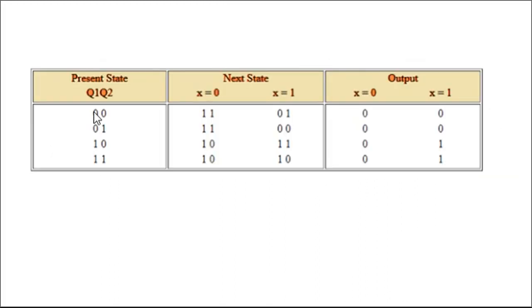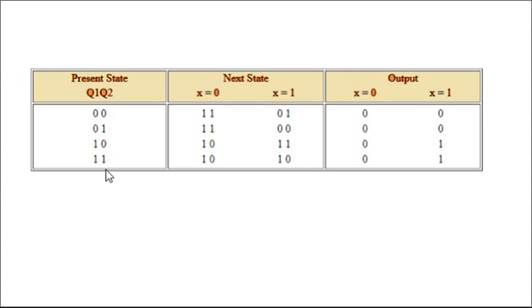Present state 0 0, if input is 0, at that time next state is 1 1 and output is 0. Again I will read: whenever present state is 0 0, input is 0, next state is 1 1 and output is 0.